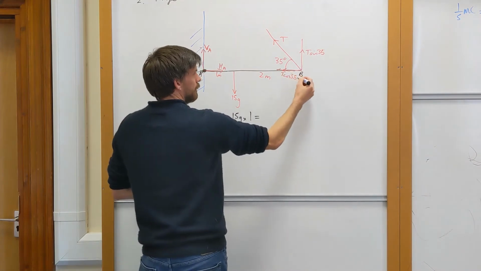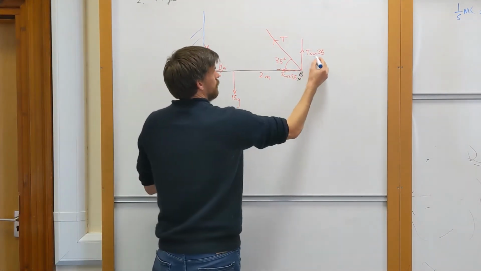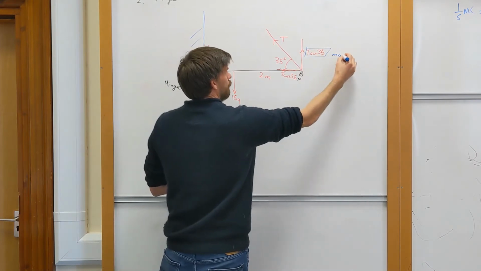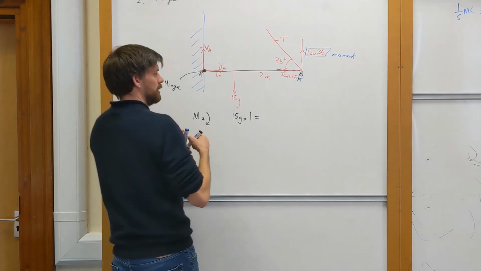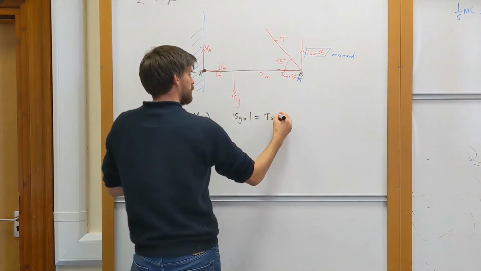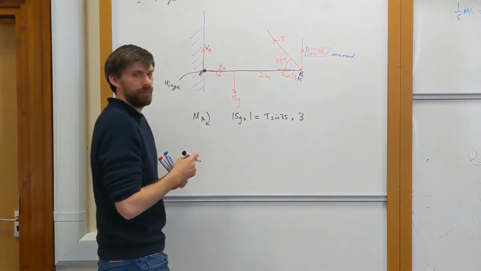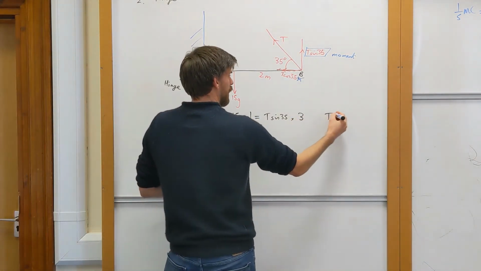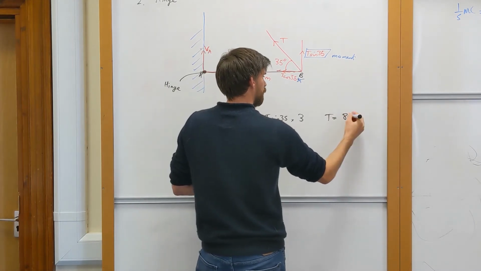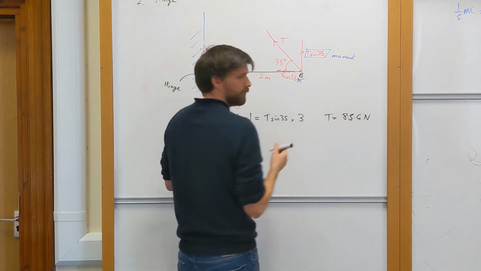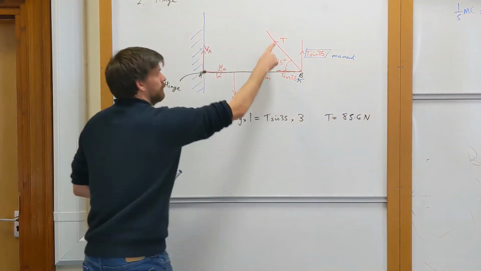This bit here is the only one which causes a moment. That one has no moment. So it is equal to T sine 35 times the distance, which is 3 meters. If you solve that, you'll find the tension force is 85.4 newtons. Okay, so that's part A done. That's find the tension force.